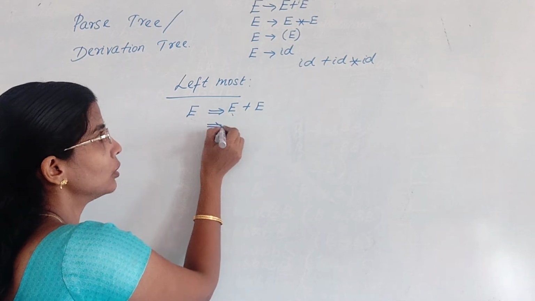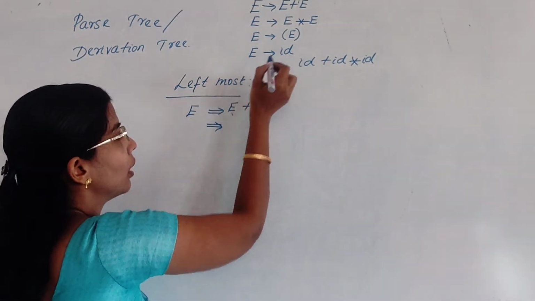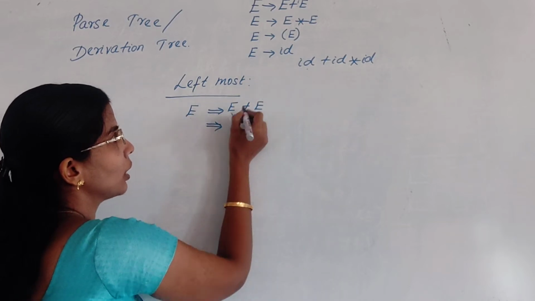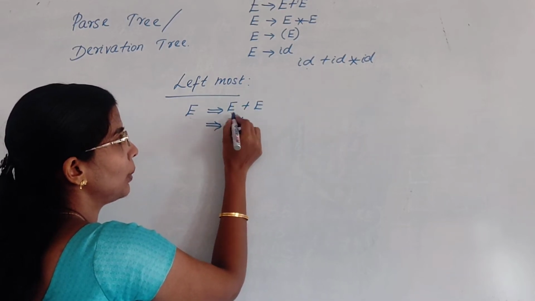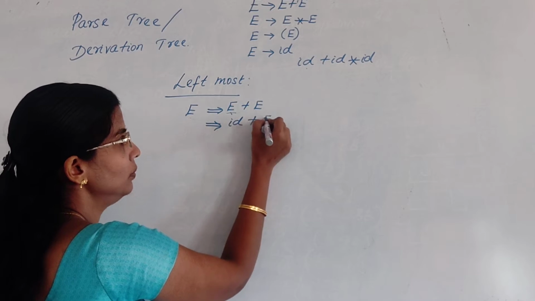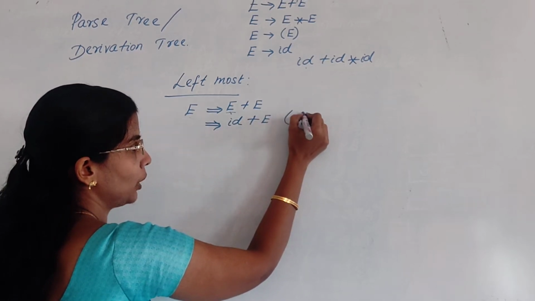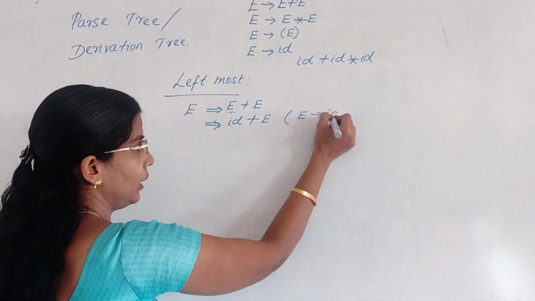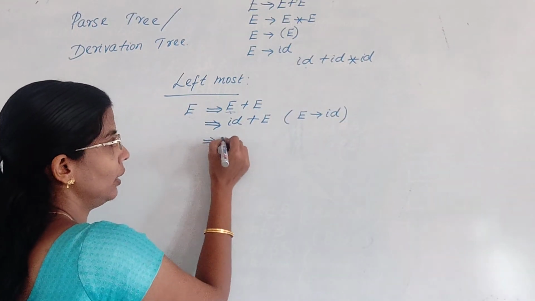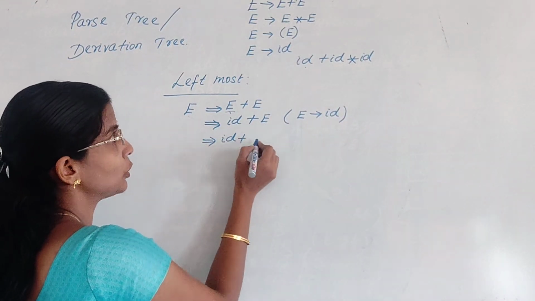Go to the RHS and replace the leftmost non-terminal. I need id, so I replace this leftmost E. The corresponding production is E tends to id. Next I will replace the leftmost one.